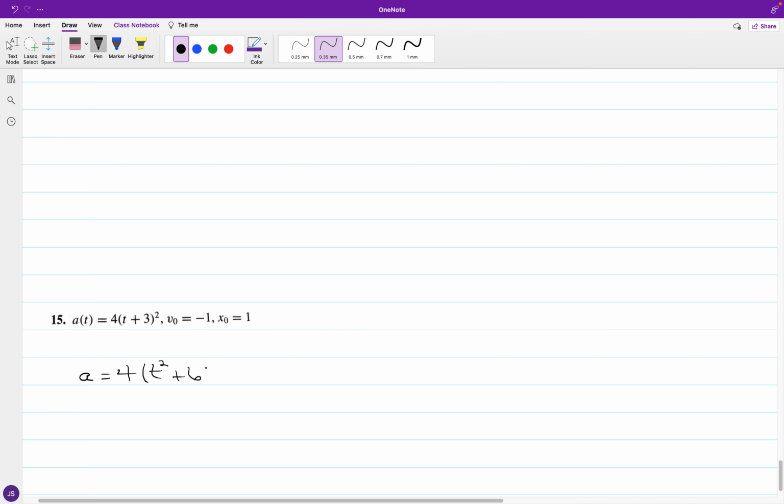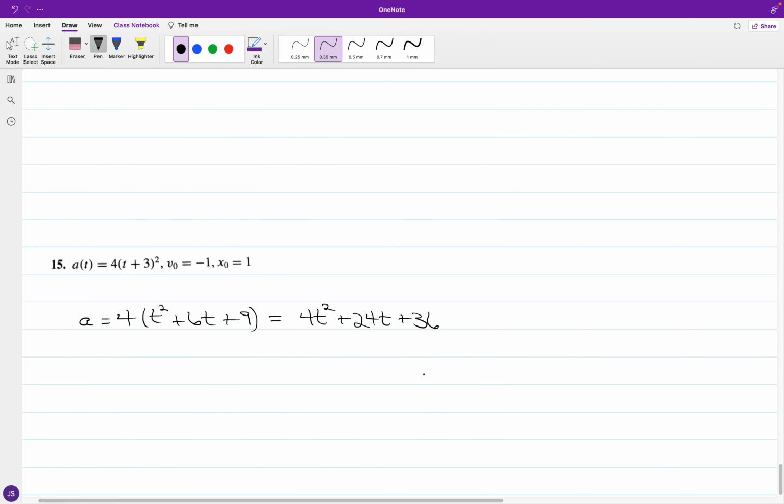So we have 4 times t squared plus 6t plus 9. And that's going to be 4t squared plus 24t plus 36. Now again, we are solving for the position function x of t.